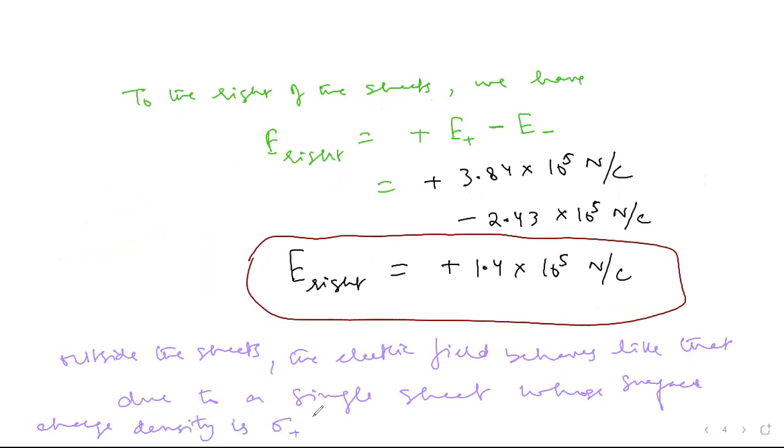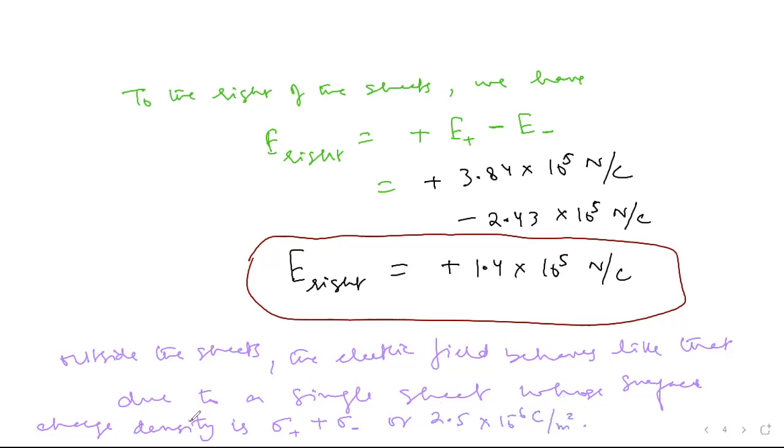sigma plus sigma minus, or 2.5 into 10 raised to power minus 6 coulomb per meter square.